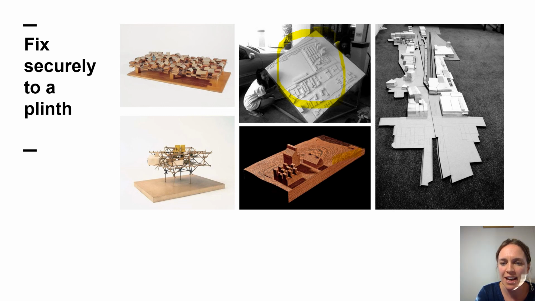It might be made here out of timber, if that's what your model is made out of. It might be made, as you can see here, out of MDF, here out of ply. These examples also show that it can be a rectilinear form, but as you can see here, it might also cut around the surrounding site context in a less rectilinear way, and I'm fine with that.